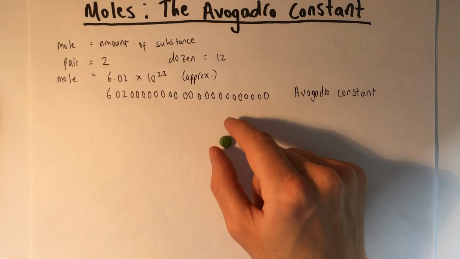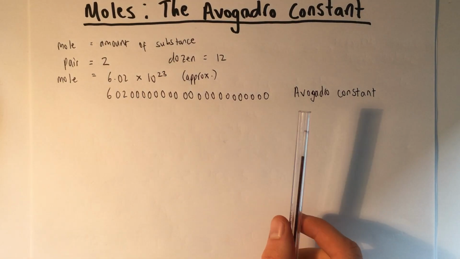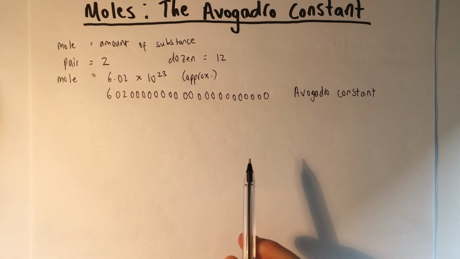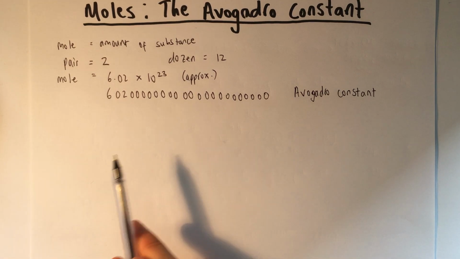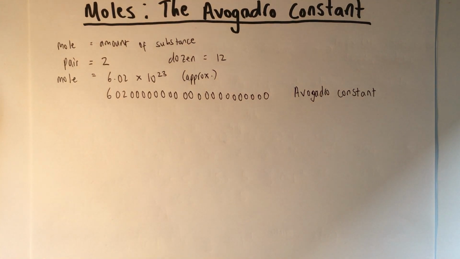So it's an incredibly big number. Or if you had that number of pounds and you spent £1 billion every second, it would still take you millions of years to spend it all. So it's a number that's far too big to get your head around, but that's what a mole is.